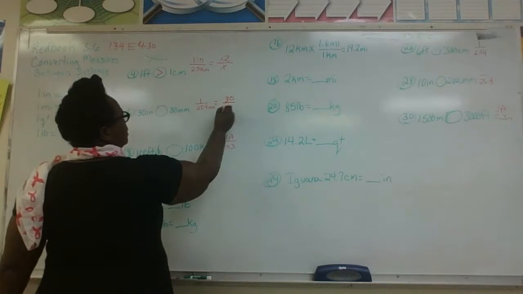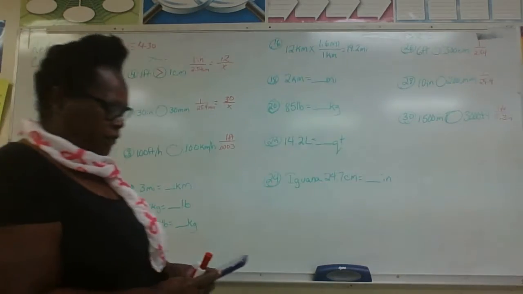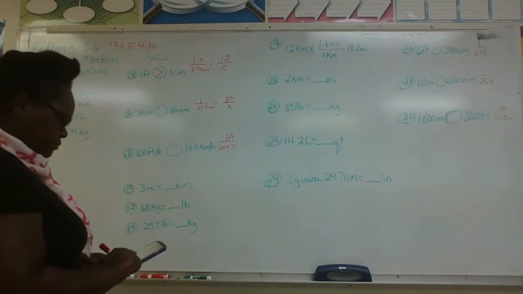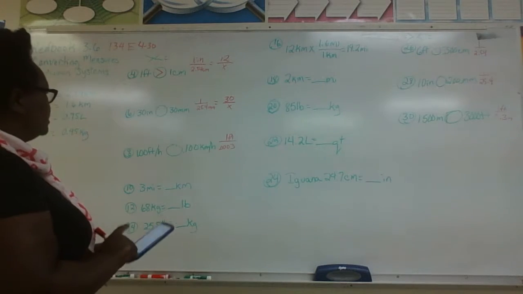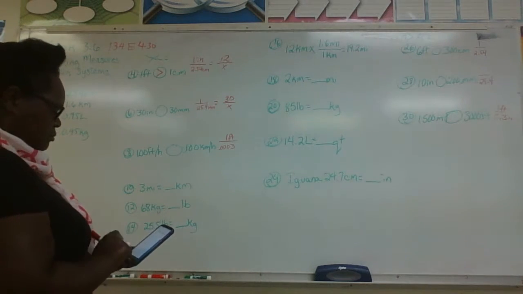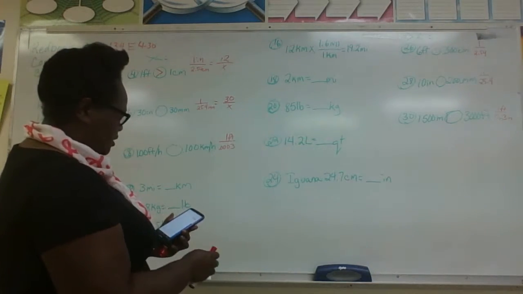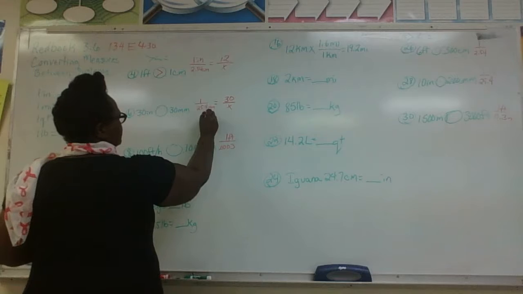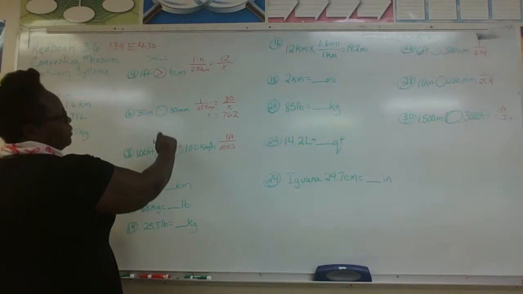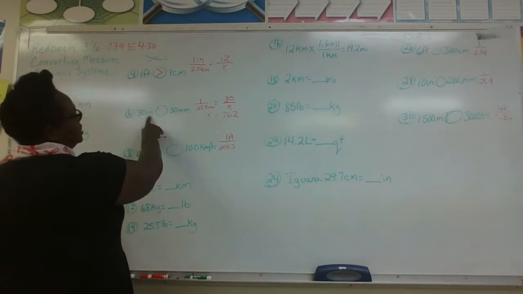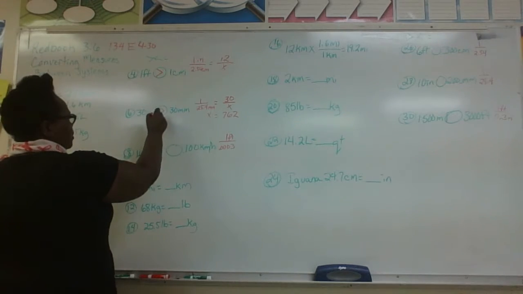Here we could cross cancel again, and we would discover that 30 inches is equivalent to 762 millimeters. Well, we only have 30. So 30 inches is greater than 30 millimeters. So therefore, here we go again.